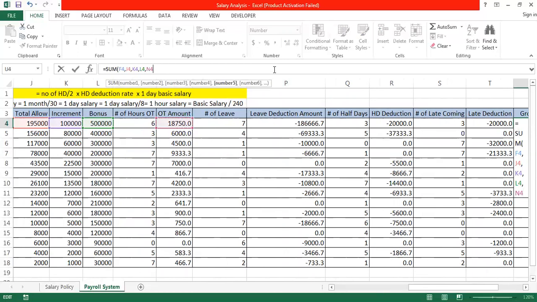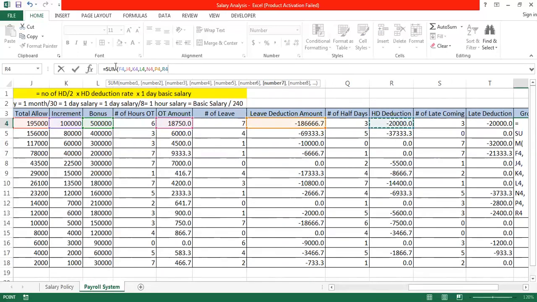and then comma, you can see over in the formula bar I am putting comma, and then leave deduction amounts. It is already negative, so it is going to be subtracted from the amounts, comma, half the deduction. It will be easy for me because I have already defined negative values for deduction.